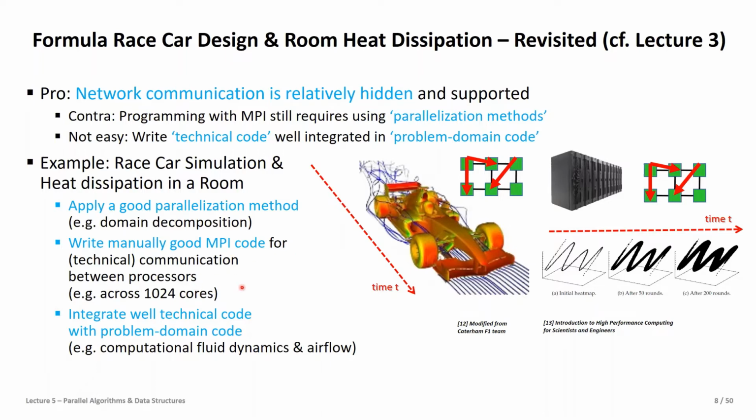But usually it is a challenge to come to the third part where you would say integrate it very well then with the technical code and the problem of the domain codes, which means you have to introduce equations, right? Like in computational fluid dynamics, things like Navier-Stokes equations, airflow. So physics have to be joined then with computer science code, which usually makes it very challenging.